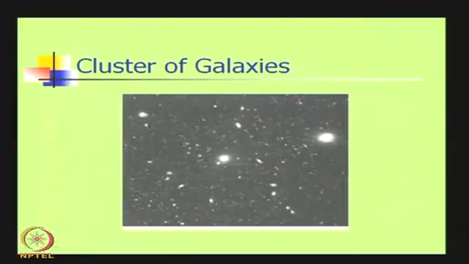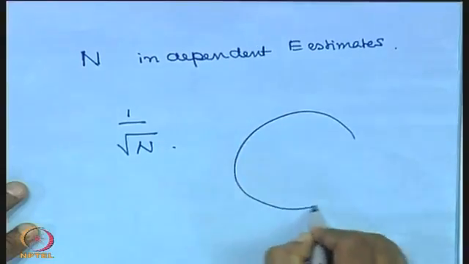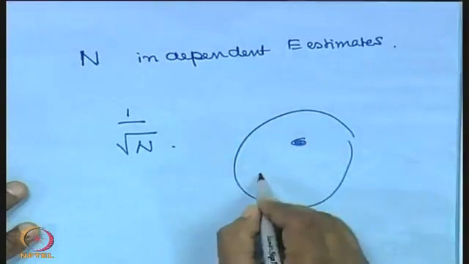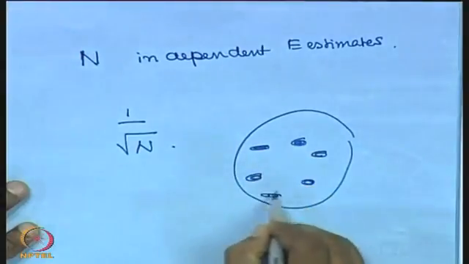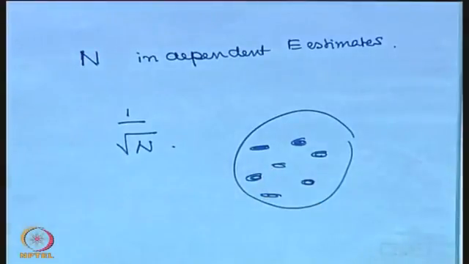You can see that these extended things over here, they are all individual galaxies. So, the way we imagine a cluster is a collection of galaxies which are bound. These galaxies are in virial equilibrium more or less. They form a bound structure.